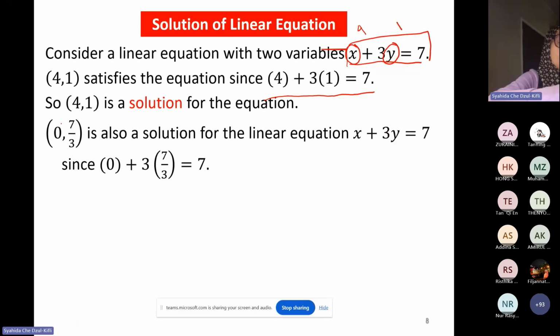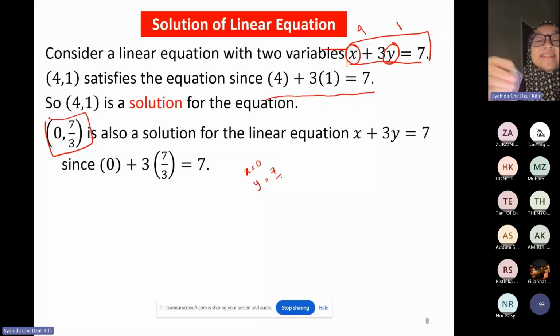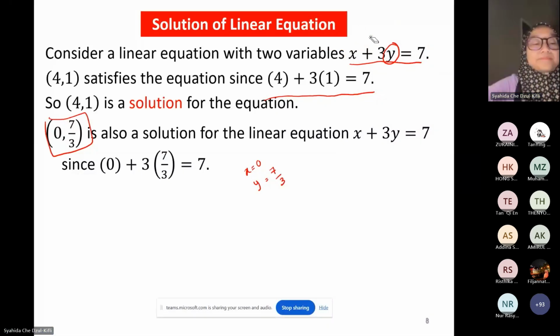Let us consider the value (0, 7/3). This value is also a solution for the linear equation because whenever we substitute x equal to 0 and y equal to 7/3, the equation is satisfied.